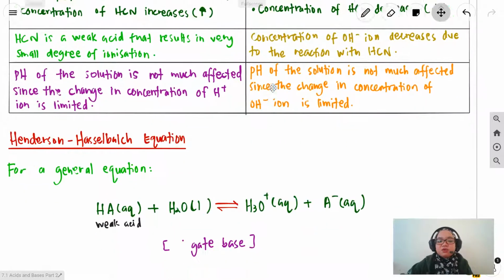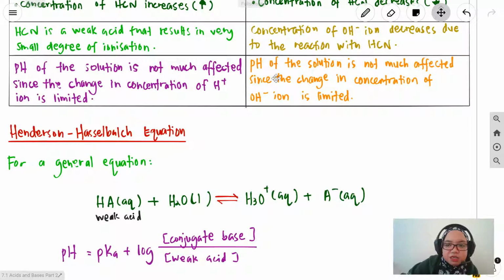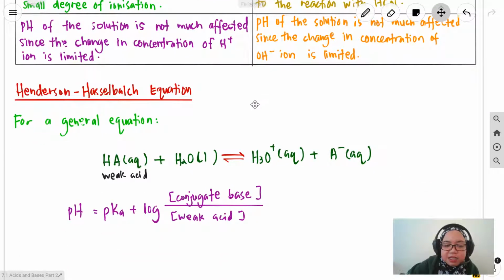For an acidic buffer solution, here we have a general equation: weak acid plus water forms H3O plus and A minus ion, for example. To calculate the pH of the buffer solution, we use the Henderson-Hasselbalch equation.